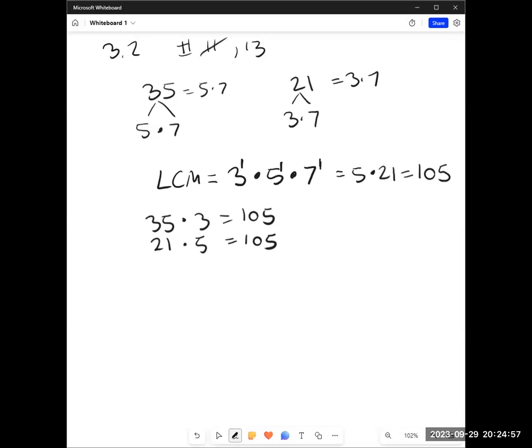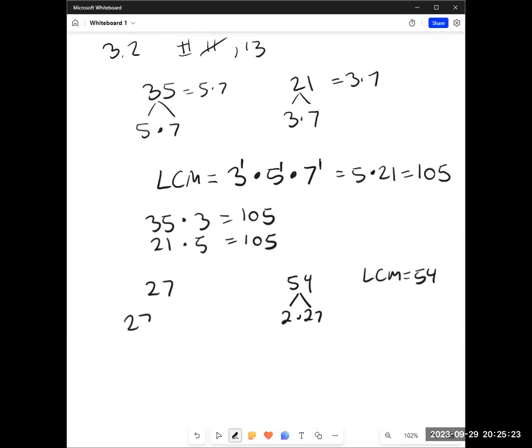Now let's look at the next problem, 27 and 54. 27 goes into 54 evenly. 54 is 2 times 27. So 54 is my LCM because 27 goes into 54 2 times.